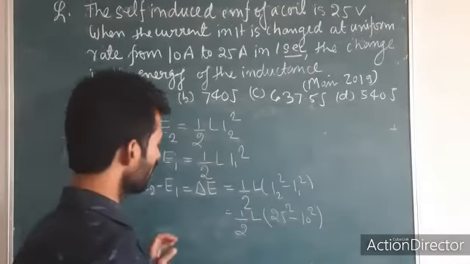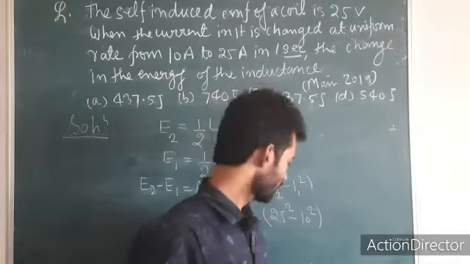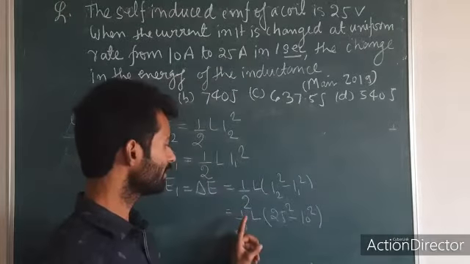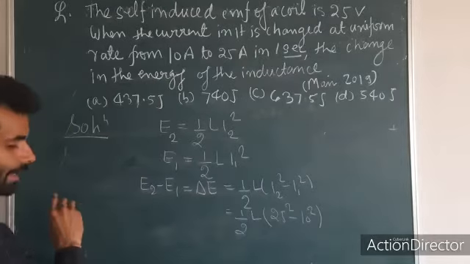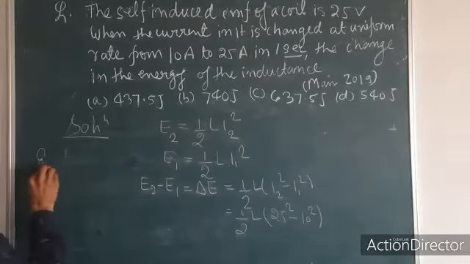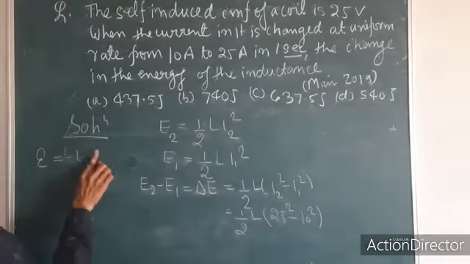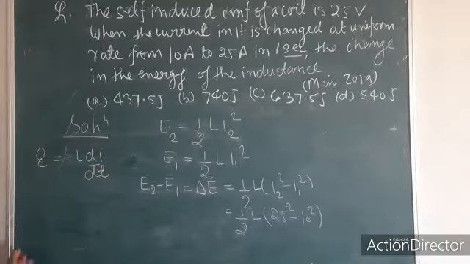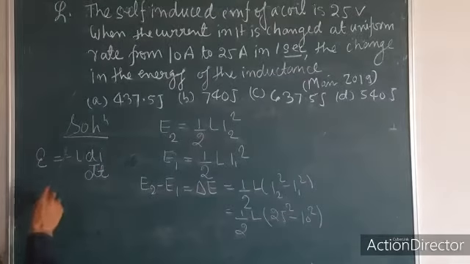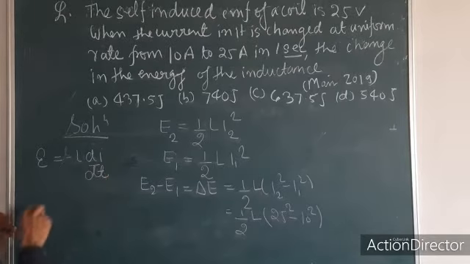Clear? Now to find the delta E, one actually has to find the value of L. As we know that electromotive force E is equal to minus L di by dt. Clear? Here what is the change in the current?